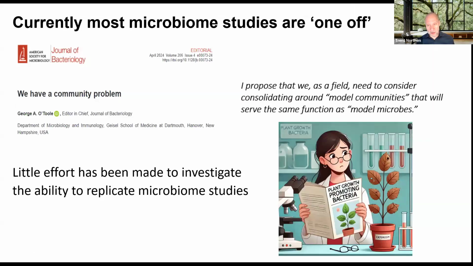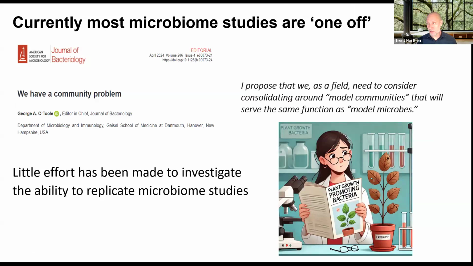And one of the reasons why we don't use a team approach is because there's a lack of standardization, and it's almost impossible to reproduce each other's work. So what ends up happening is that, say, one of you wants to get into studying rhizosphere microbes, you pretty much have to start from scratch. There's not much in the way of resources.